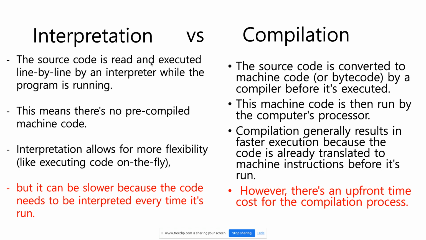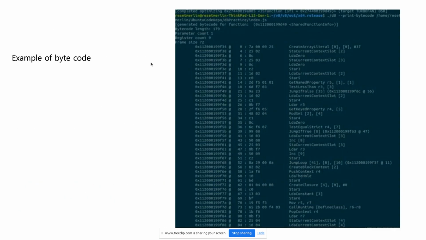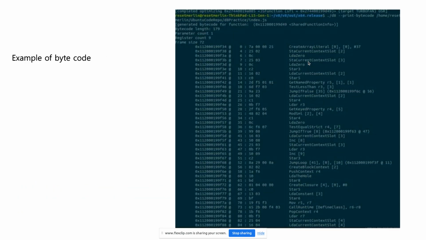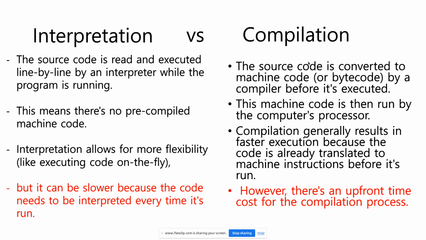Bytecode is quite complex, right? Bytecode is the form before machine code. I'm just letting you know. The compiler converts the code to machine code or bytecode before it's executed.